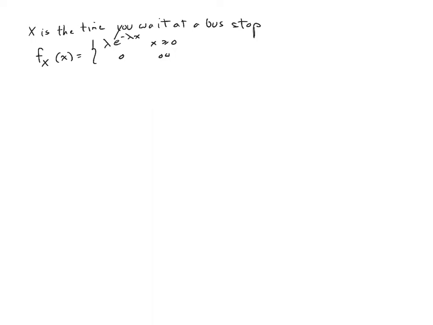So consider the base situation: you arrive at time 0 and you ask what's the probability I wait for a time of at least t. So it's the probability that the time you wait, x, is going to be greater than t. Well, we can calculate that. It's the integral from t to infinity of the PDF, which is the integral from t to infinity of lambda e to the minus lambda x.